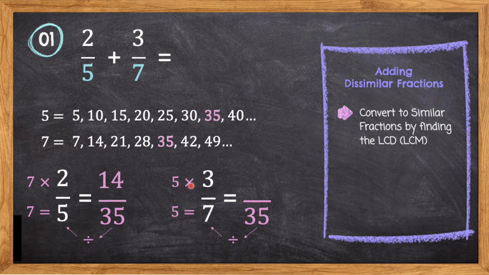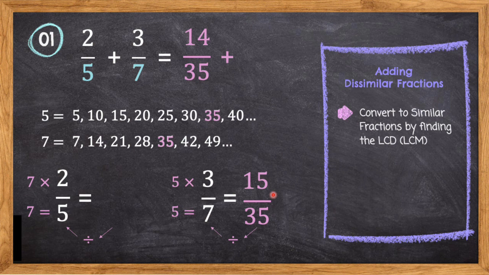So, that is 5 times 3, which will give us 15. If we can observe, pareho na sila og denominators. So, 3 over 7 is equal to 15 over 35. Mao na siya ang bagong fractions: 14 over 35 and 15 over 35. So, na-convert na nato sila into similar fractions by using their LCD.